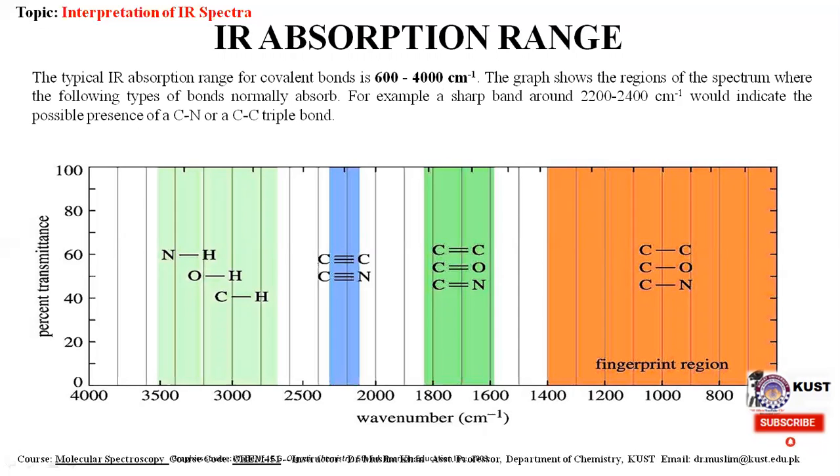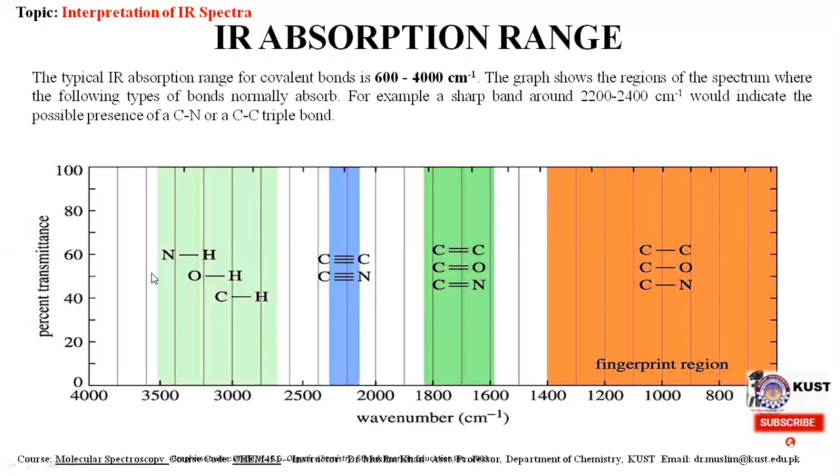The region up to 1400 is known as the fingerprint region. For example, a sharp band around 2200 to 2400 would indicate the possible presence of a carbon-carbon triple bond or a carbon-nitrogen triple bond. So this gives you a clue.